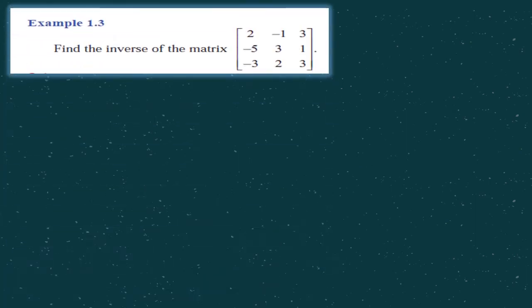Now example 1.3. Find the inverse of the matrix 2, minus 1, 3, minus 5, 3, 1, minus 3, 2, 3. So a 3 by 3 square matrix.